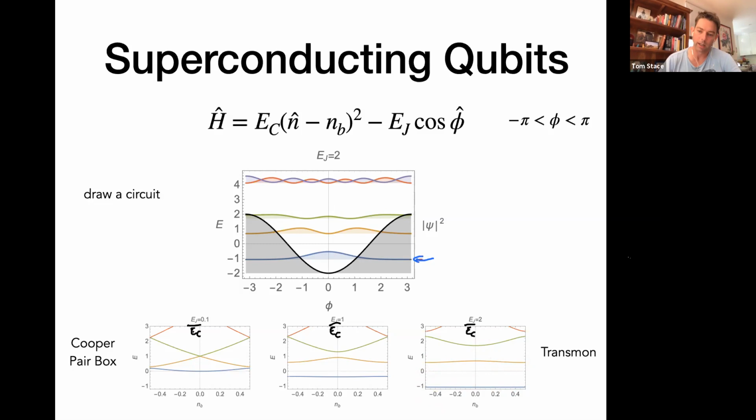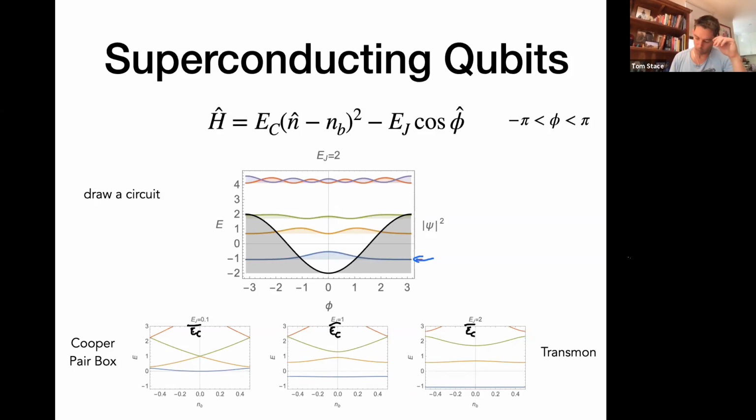So if I took EJ over EC to be, say, 10, then the oscillation in those two spectral functions, this blue line and this orange line, would become smaller and smaller. And that is to say that the fluctuations of the energy with respect to this external voltage get smaller. And that's why people like transmons experimentally, is that they have a low susceptibility to fluctuations in external voltages.